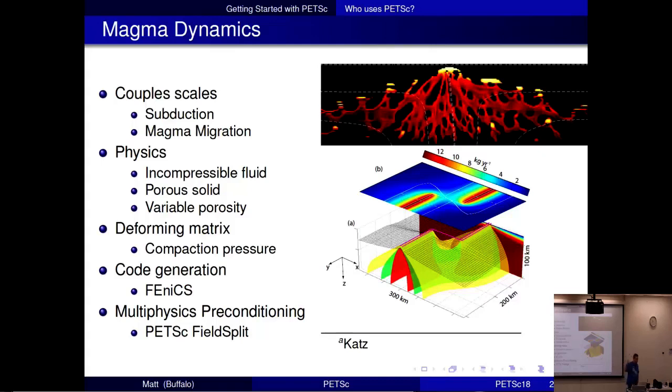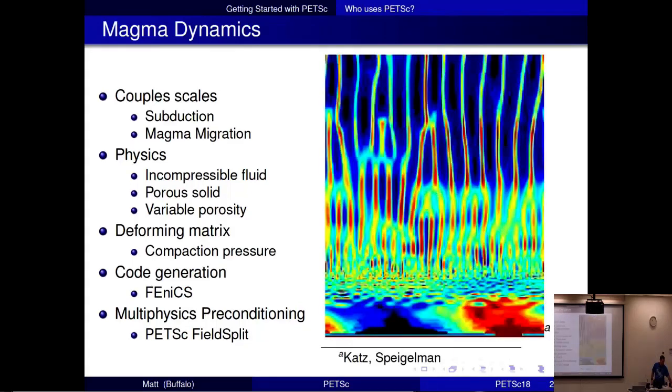And so this is Rich Katz looking at the porosity beneath the mid-ocean ridge. And he doesn't do full-time code development. He is a scientist, but he was able to put this together with a modest amount of work and have it produce real physics results. This is channeling.